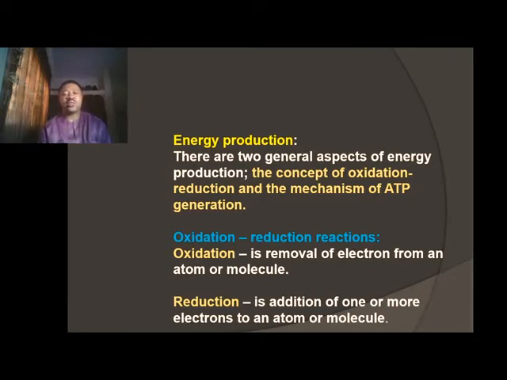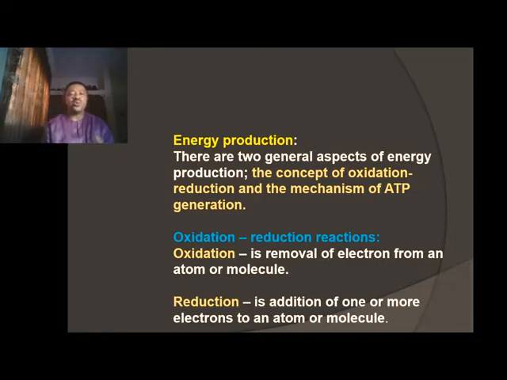Once electrons are removed from an atom or from a molecule, that molecule has been oxidized. On the other hand, reduction is the addition of electrons to an atom or to a molecule.